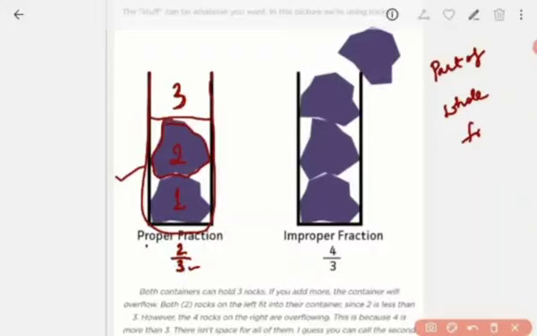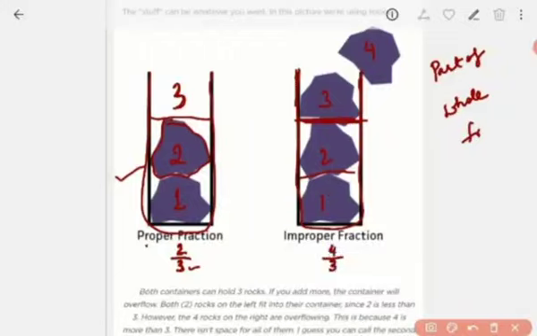So similarly, in this figure, we are trying to accommodate 4 rocks, 1, 2, 3, and this is 4, which is not possible. So this container is getting overloaded or heavy. That is why the actual capacity of this container is 3, so you take this in the fraction's down part, the denominator, but you are trying to accommodate 4.